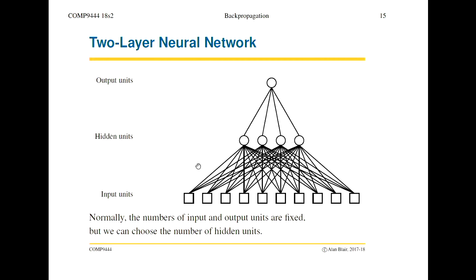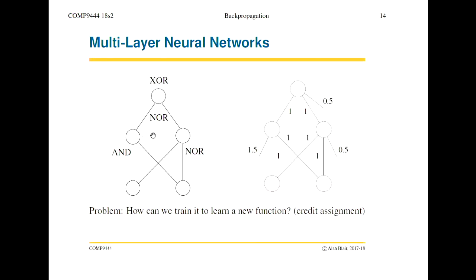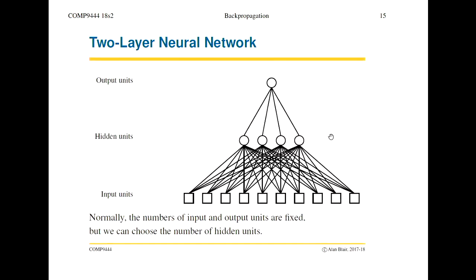So this is our architecture. In this case we have 2 hidden nodes, but we could have 4 or 8 or 10 or 20, and normally it's fully connected. Every input is connected to every hidden node, and every hidden node is connected to the output. It's not drawn here, but every hidden and output node also has a bias value.